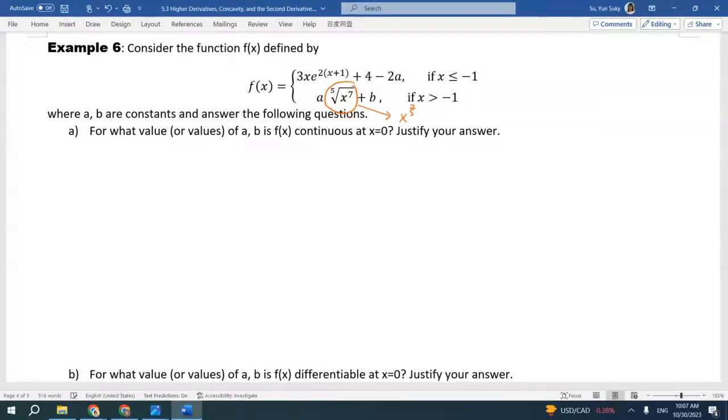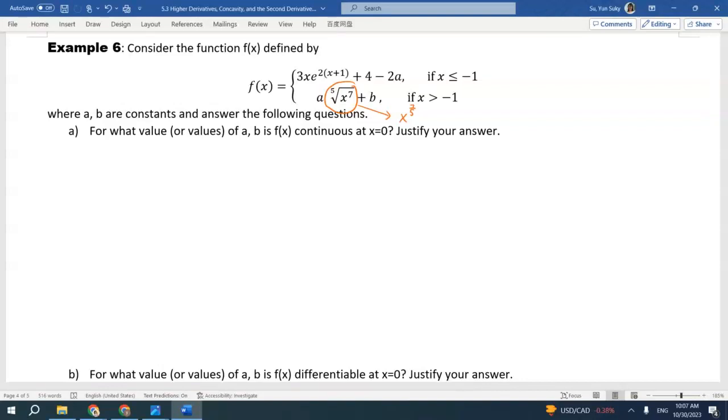Yeah, 7/5. And do you see this is a fifth root? Fifth root, 5 is an odd number, so the fifth root is continuous everywhere. The domain is everywhere, right? So on those 2 pieces, the function is continuous. So we only need to check when those 2 pieces meet.